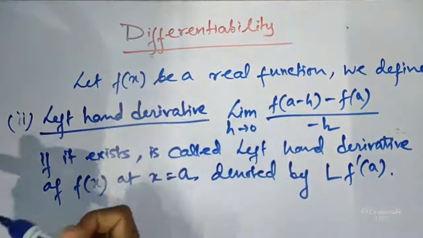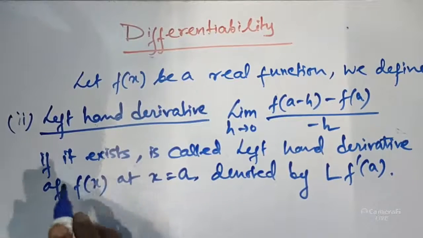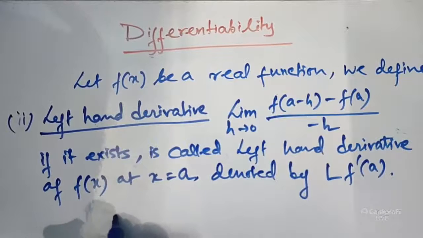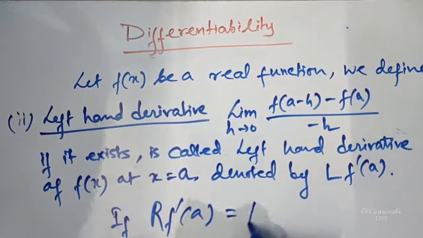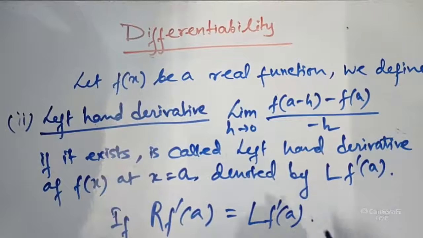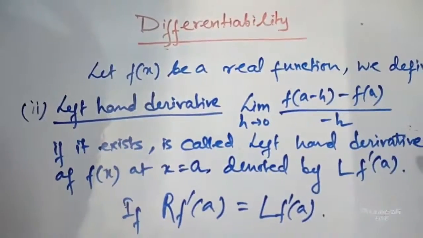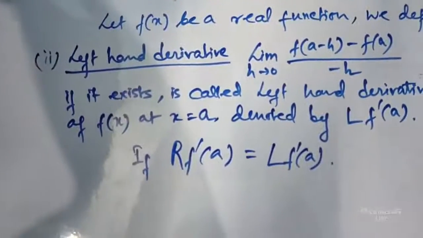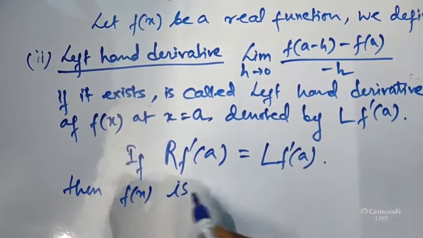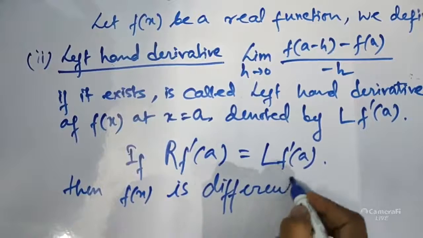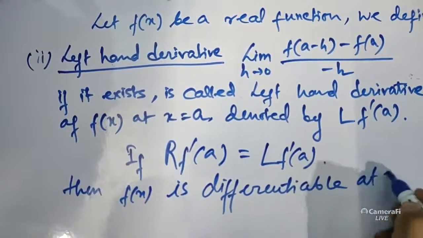Now we know what is the left hand derivative and what is the right hand derivative. Now if these two derivatives are equal, if Rf dash a equals Lf dash a, then we can say that the function f(x) is differentiable at x equals a.